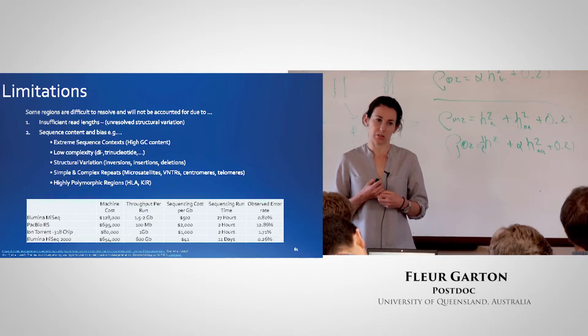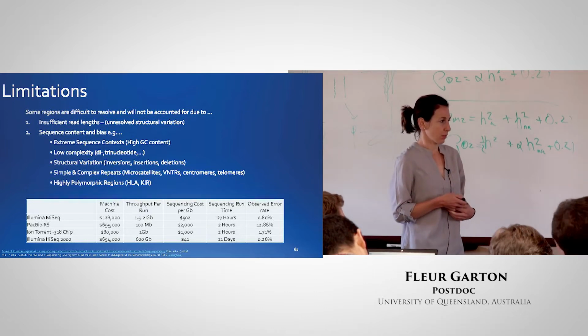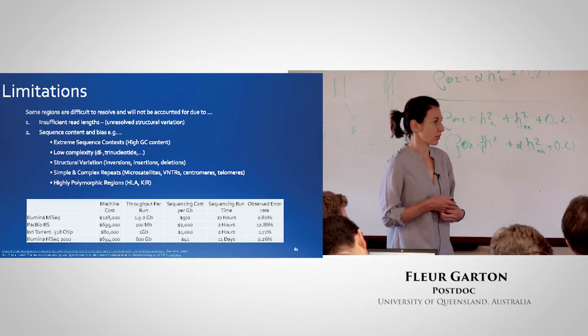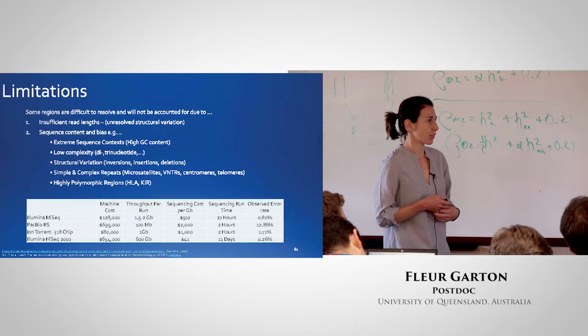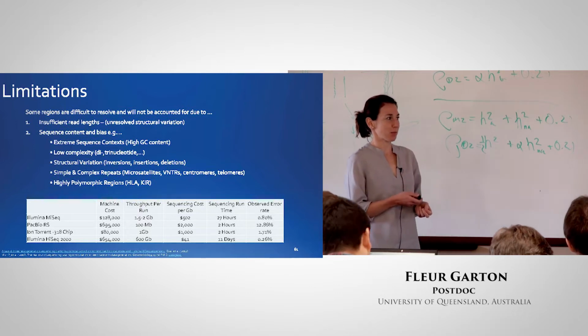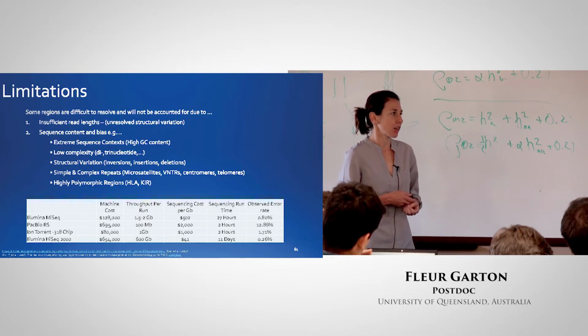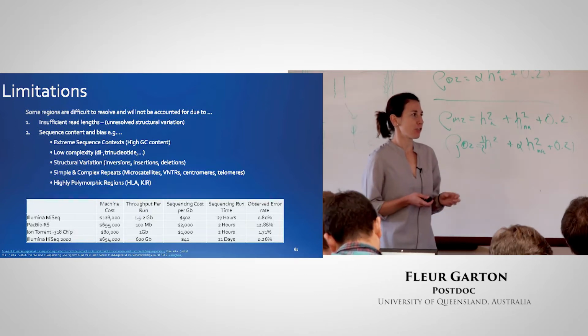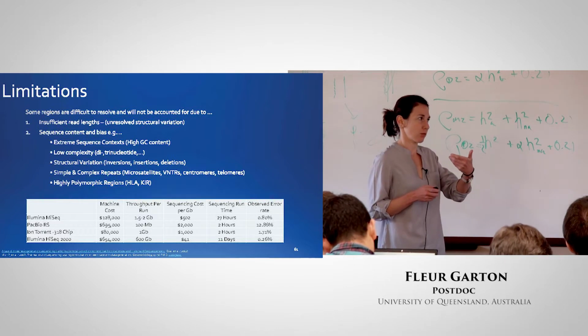Could you say maybe just a little bit about what inversions, insertions, deletions, microsatellites, and VNTRs are? Just because we're going to be talking almost entirely about SNPs, but it's good for everyone to know at least what these other kinds of variants are. You'll talk about some structural variations soon. Yeah, inversions is just pretty much when a base might flip over.